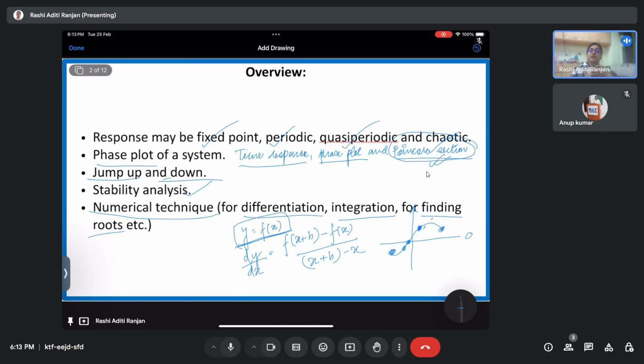It becomes very difficult to find the roots by analytical formulation, or even by giving MATLAB to solve it. So in that case, we use the numerical technique to find the root of the equation.